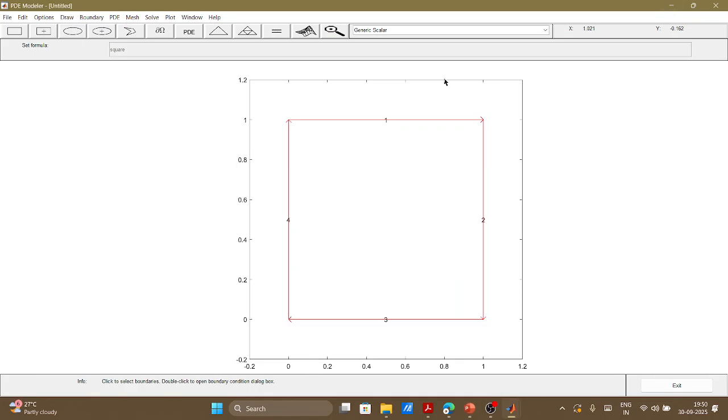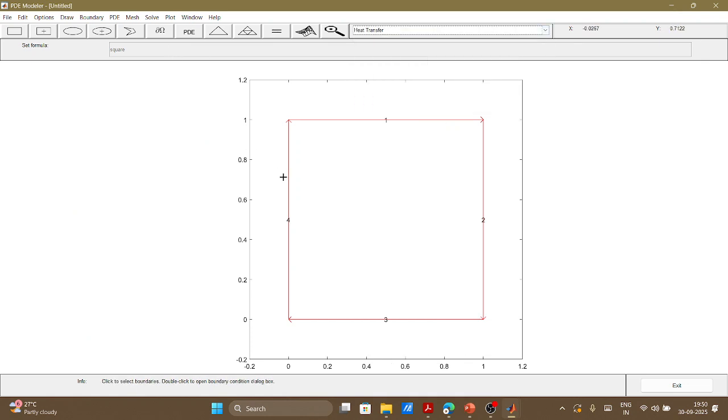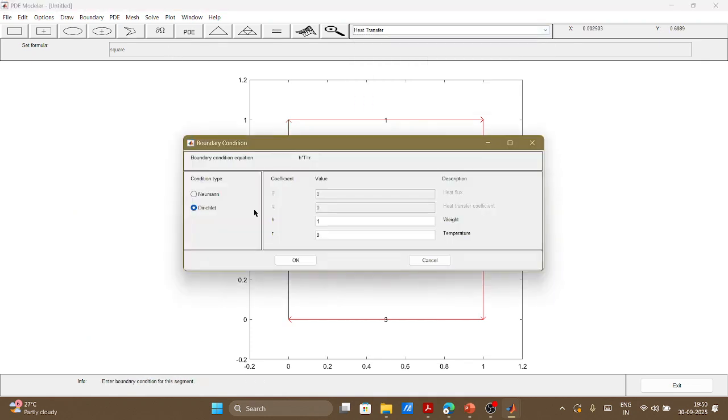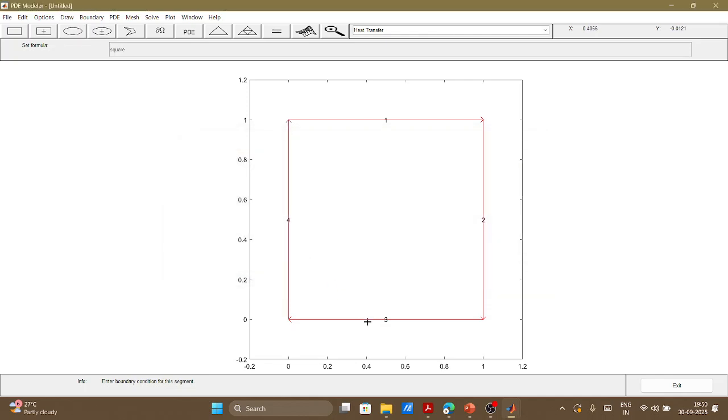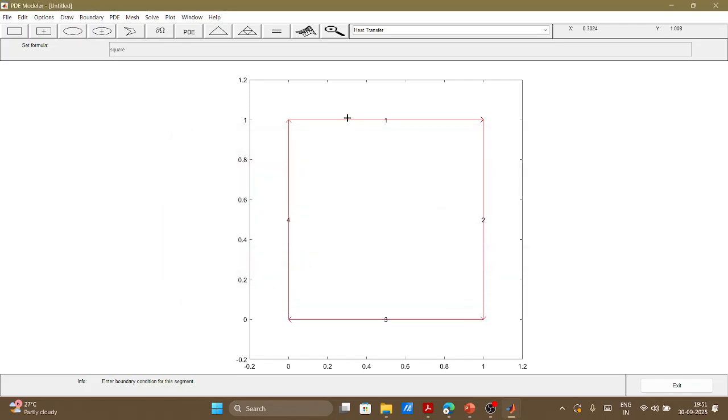Let me change my problem to the heat transfer problem so that I am more familiar with the coefficients. My left temperature value is 30 degrees centigrade. Bottom one is at 20. Top one is 40.